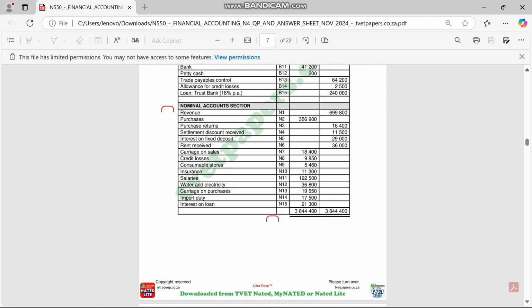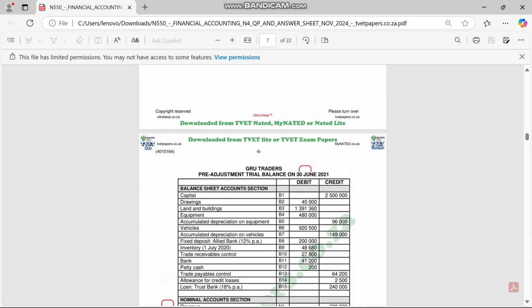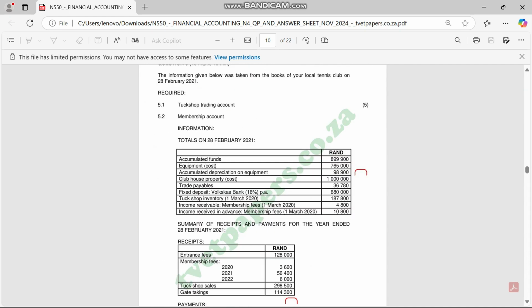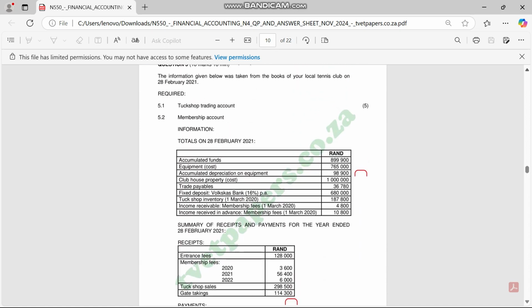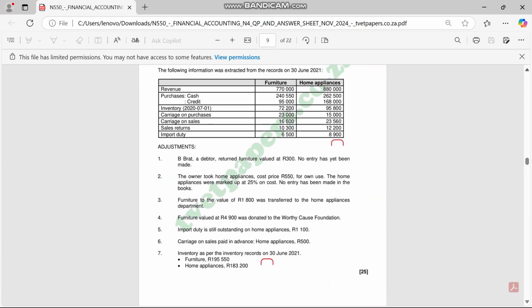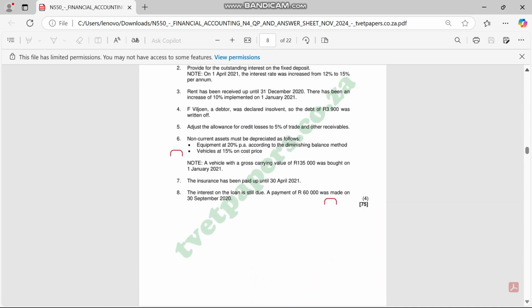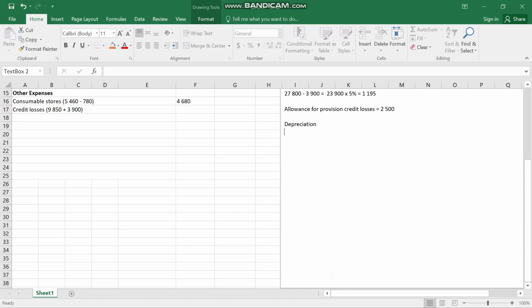Let's start with equipment, 480,000 and 96,000. It's the diminishing method, so we'll be using the 480,000 less accumulated depreciation.